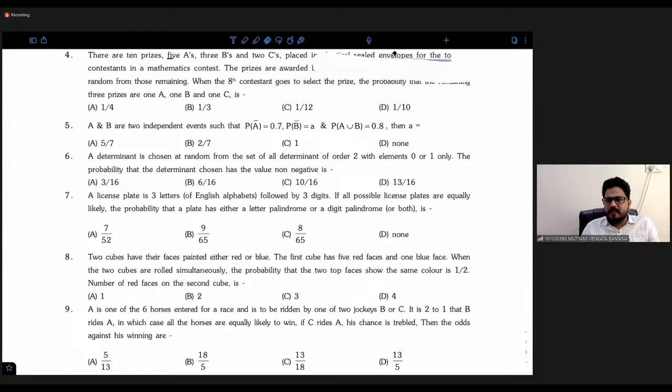There should be some specialty here because they mentioned 5 ways, 3 ways, and 2 identical envelopes is making the difference here.